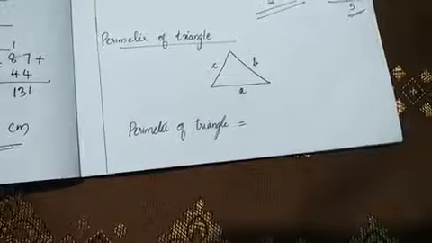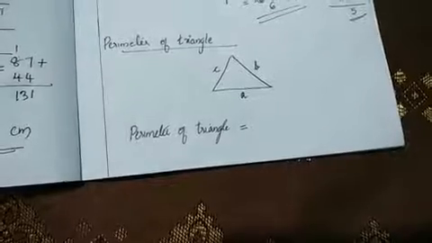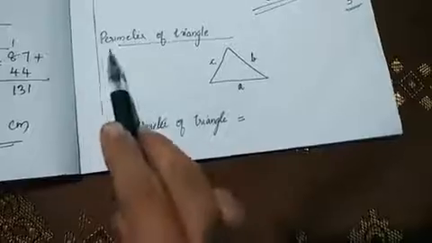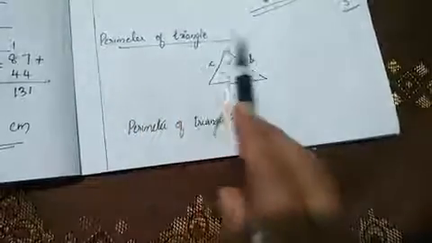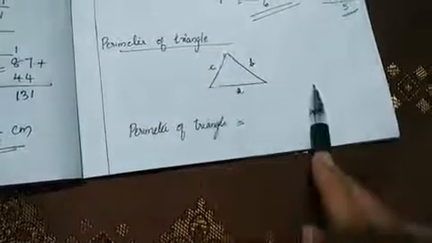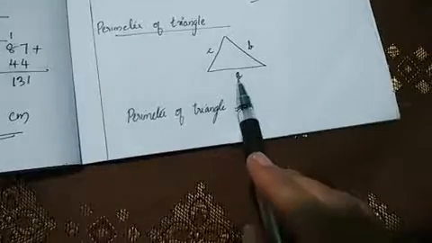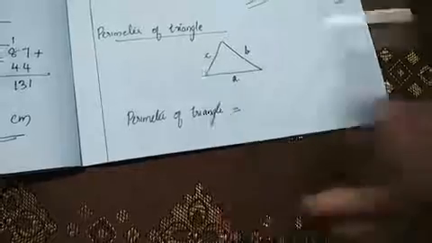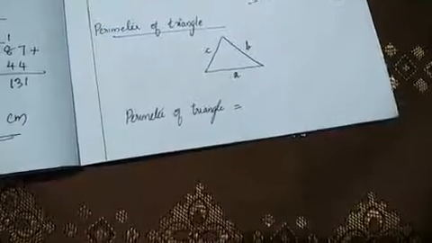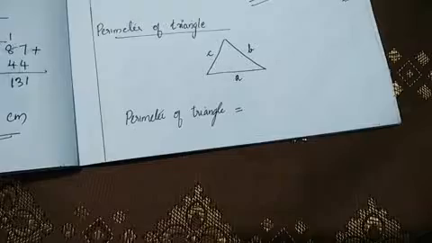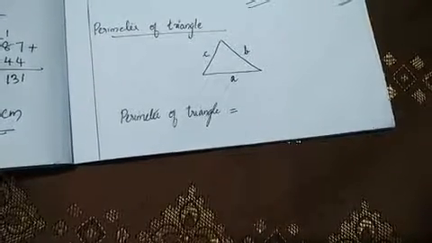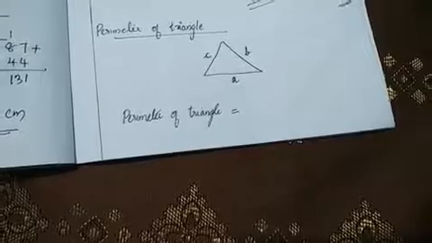Now we will study how to find perimeter of triangle. Okay, so write the heading perimeter of triangle and draw a triangle. Mark the sides as small letter A, B and C. Okay, how will we find the perimeter of triangle? We have told that perimeter means total boundary length.